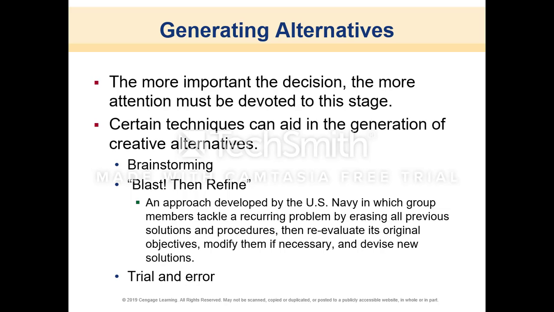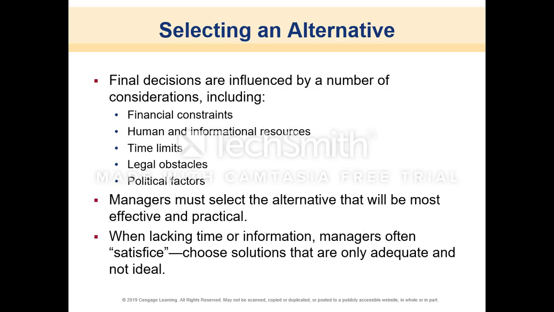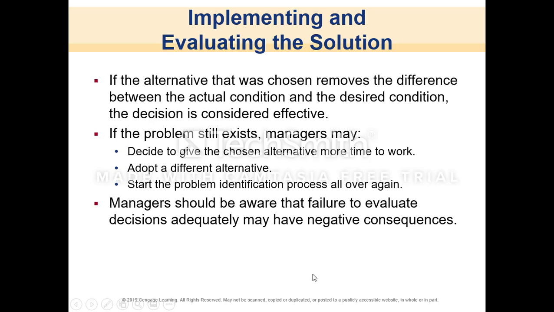Or there's trial and error. Just keep trying things and trying new things until something works. And then selecting alternatives. And then last, but definitely not least, implement and then evaluate the solution.